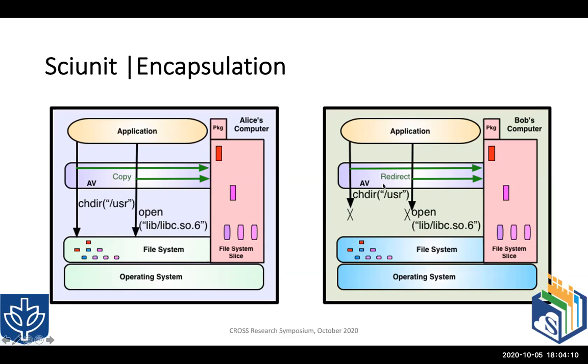And instead of making those calls, such as a change directory over here or open over here, the calls are redirected into that encapsulation system. So this can be done by mechanisms such as change root.